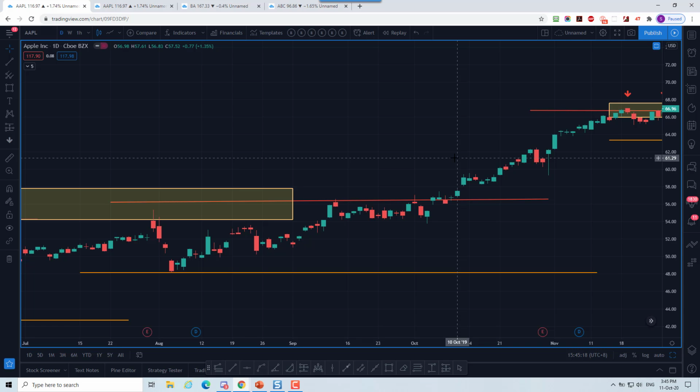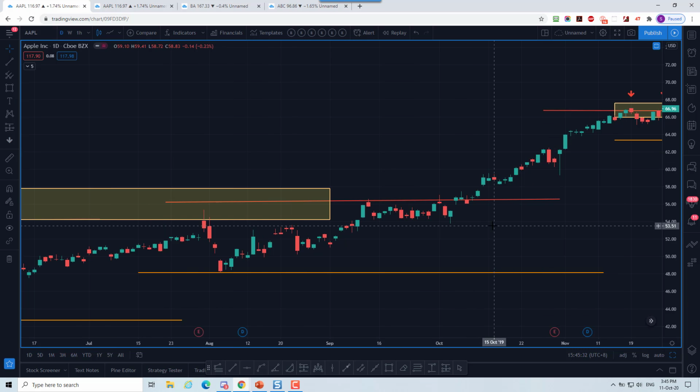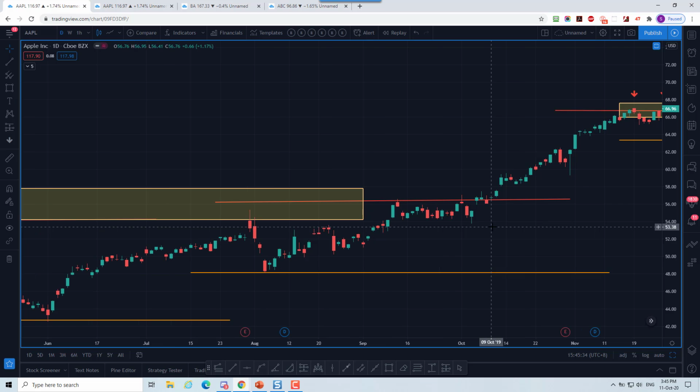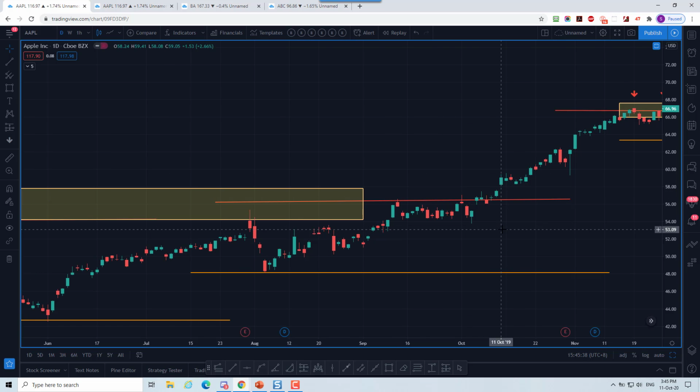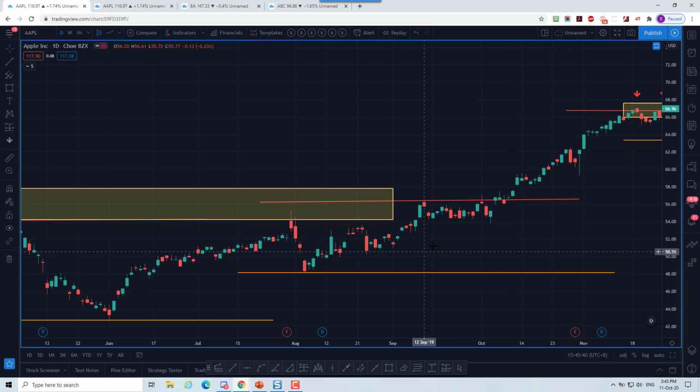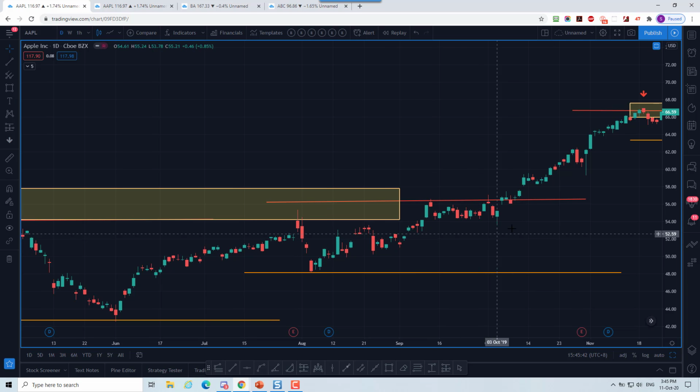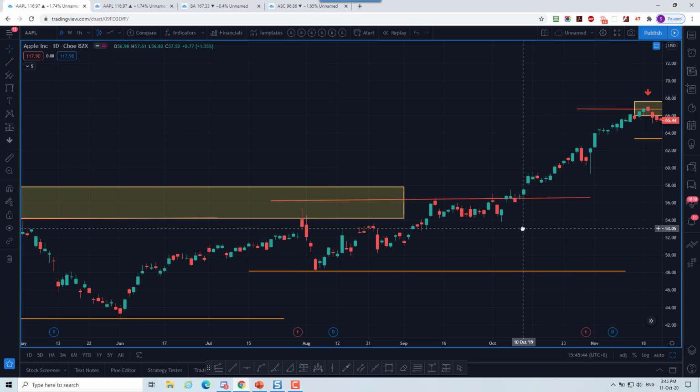So I hope you understand the significance of the zone, and what support and resistance lines are from my explanation, the psychology behind the zone of this support and resistance line, and who is in control in an uptrend and downtrend.